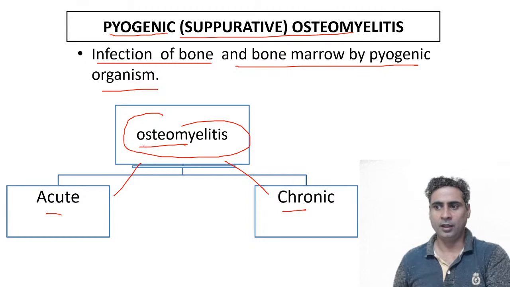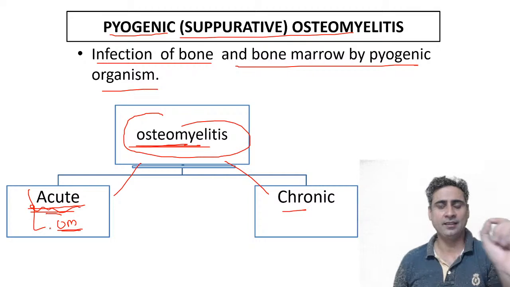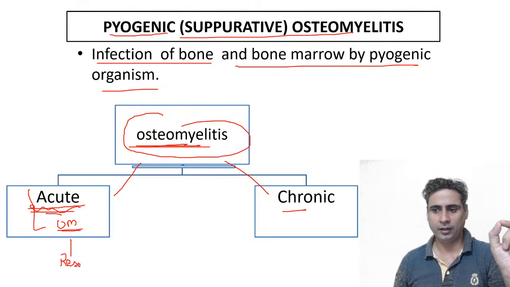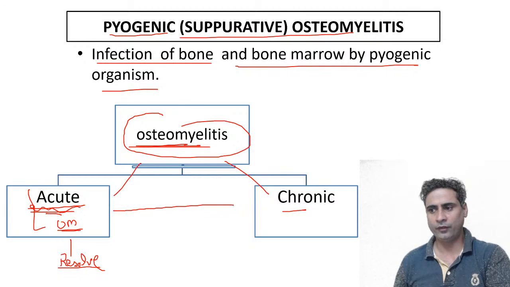So what happens if infection of pyogenic organism there in bone, the onset will be acute, that is known as acute osteomyelitis. And if this acute osteomyelitis is treated properly in time, it will resolve. If it is not treated in time, it will go into the phase of chronic osteomyelitis.